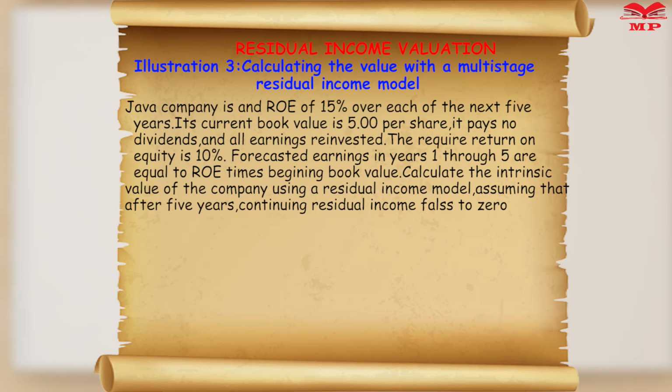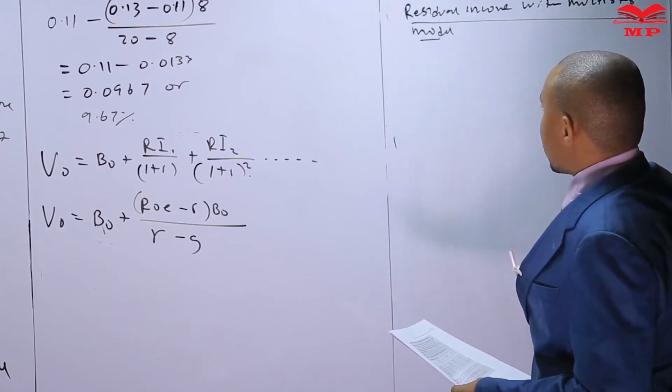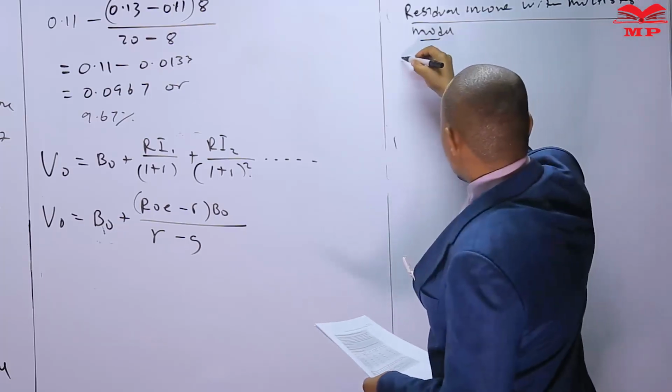Calculate the intrinsic value of the company using the residual income model, assuming that after 5 years, continuing residual income will fall to 0. So what we'll need to do, first of all, is to draw the information in the form of a table.